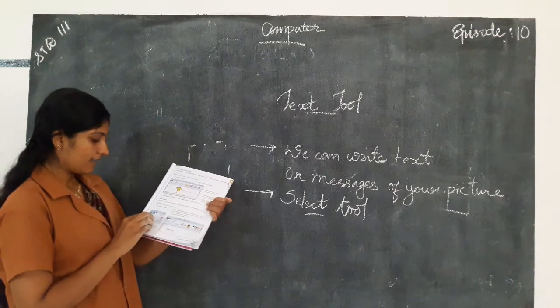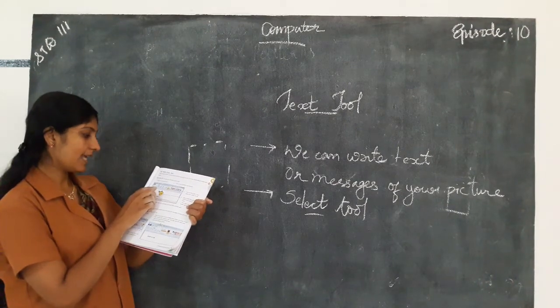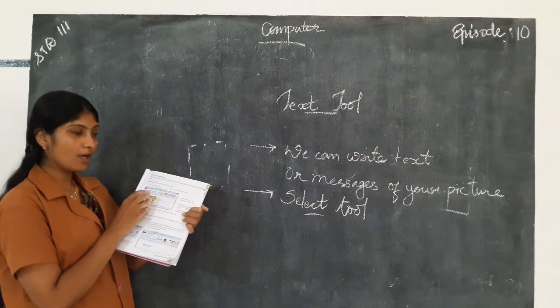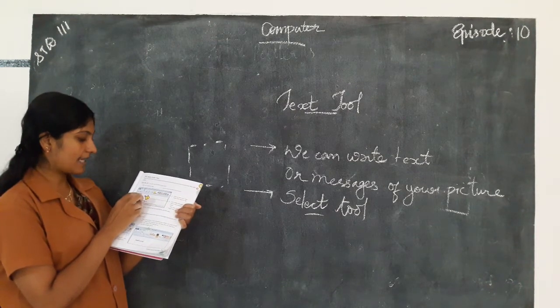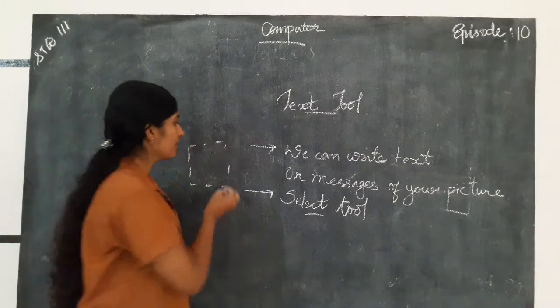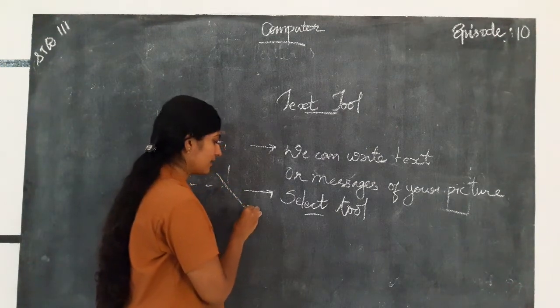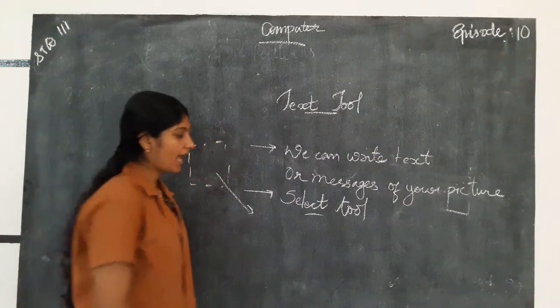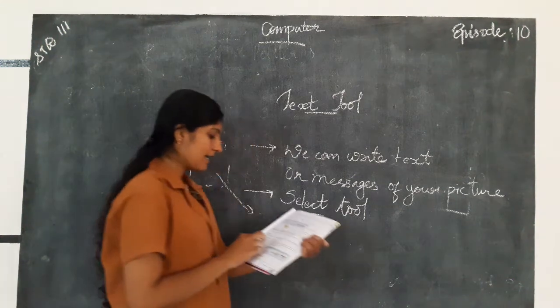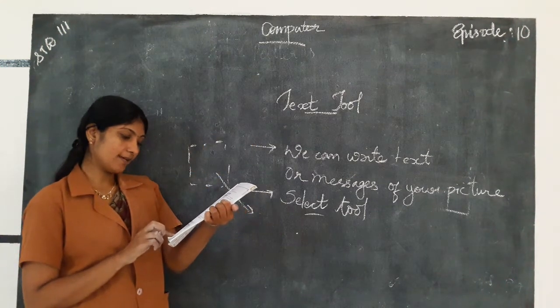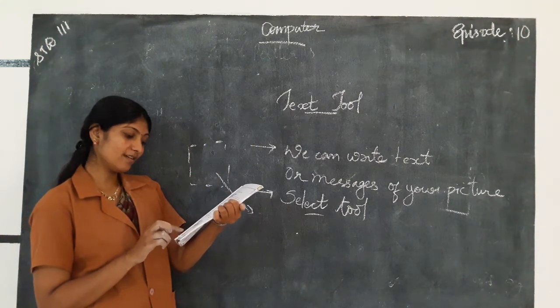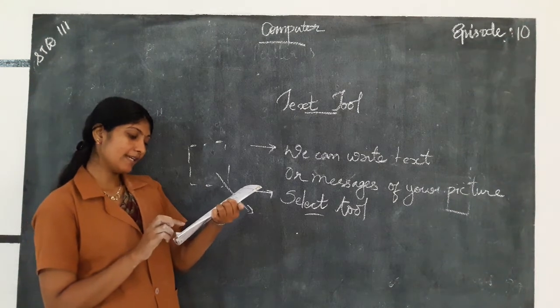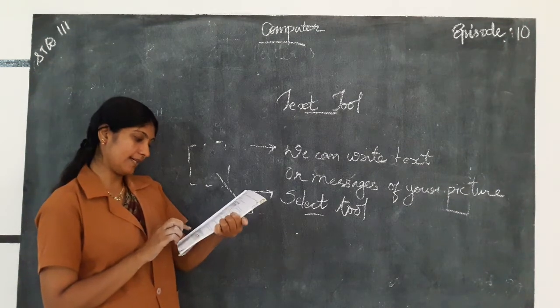So here we can see select tool. Under the Home tab, the second tool is select tool. So first you have to select the select tool, and then after that you can write the text area from there.